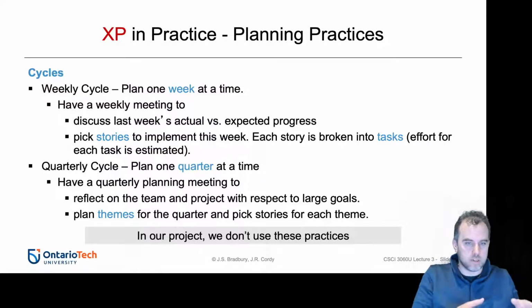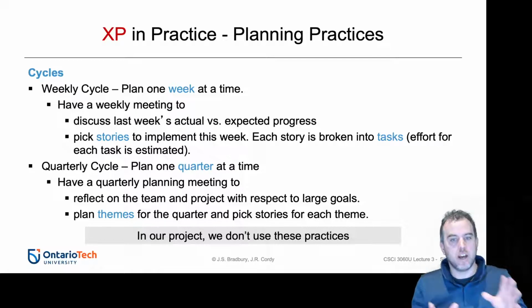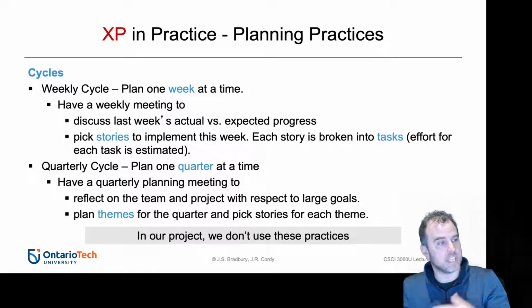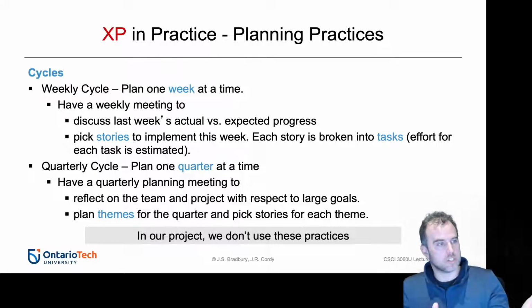And then every quarter, they will have a quarterly planning meeting where they reflect on larger goals and plan themes for that quarter. The themes that they're going to address in a given quarter will dictate what stories they will actually be working on, right?